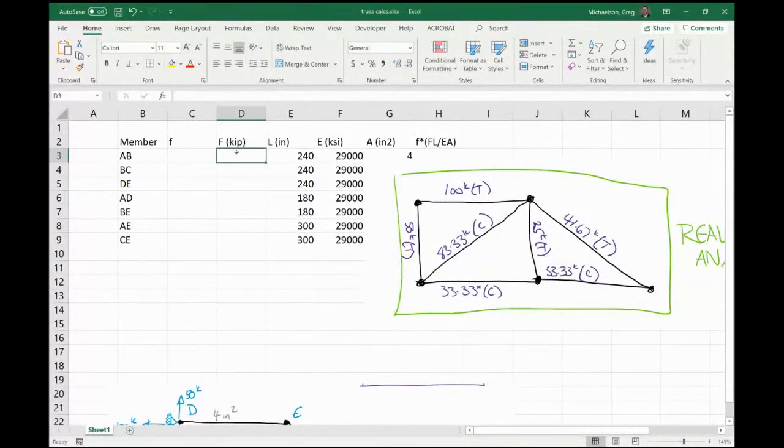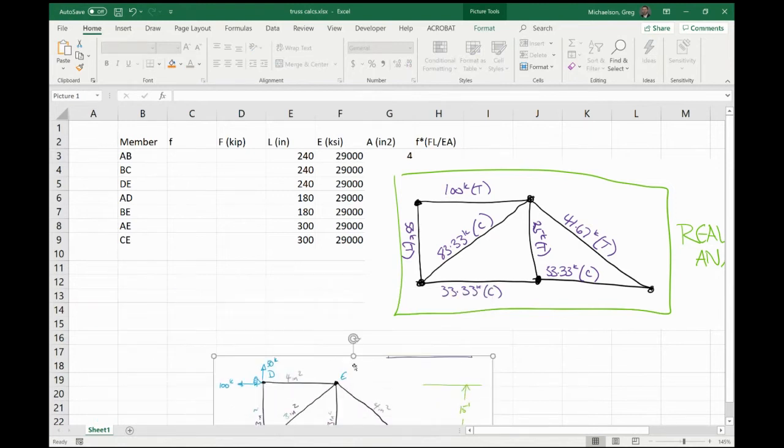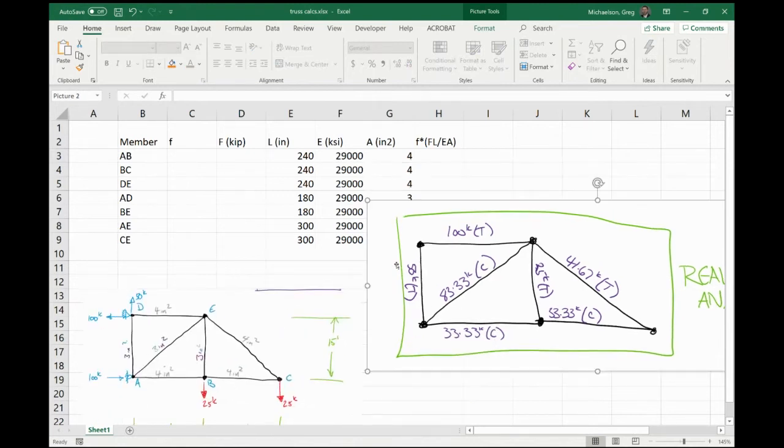So in order to input these, we have to accept a sign convention. So I'm going to take tension to be positive. You could take compression to be positive if you want, just as long as you're consistent. If you're going to take compression to be positive, it's always got to be positive. If you're going to take tension to be positive, it's always got to be positive. So let's see. Maybe I'll cheat here and use this as my label since I didn't put the labels on there.